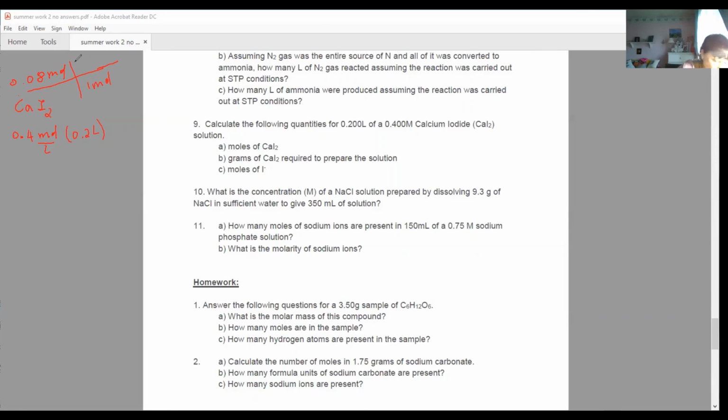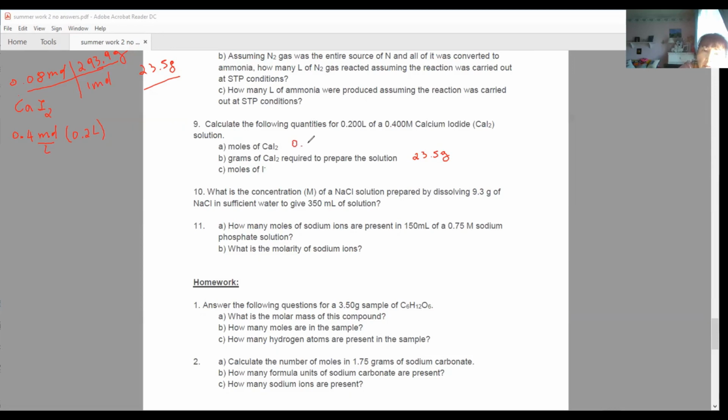Add them up. So 126.9 times 2 plus 40.1 is 293.9. 293.9 grams times 0.08, so there are 23.5 grams. Okay, so here 23.5 grams of this.